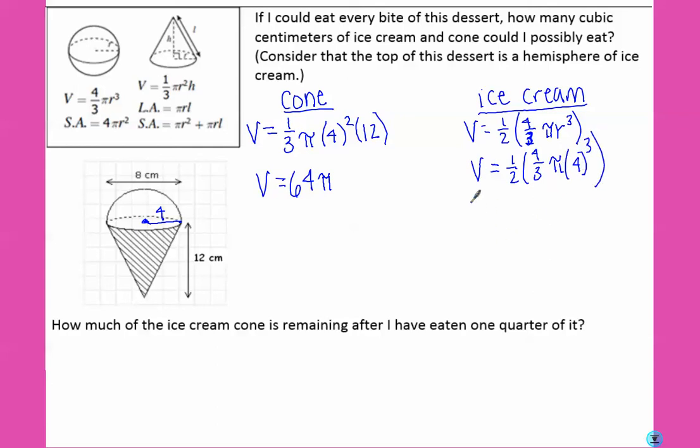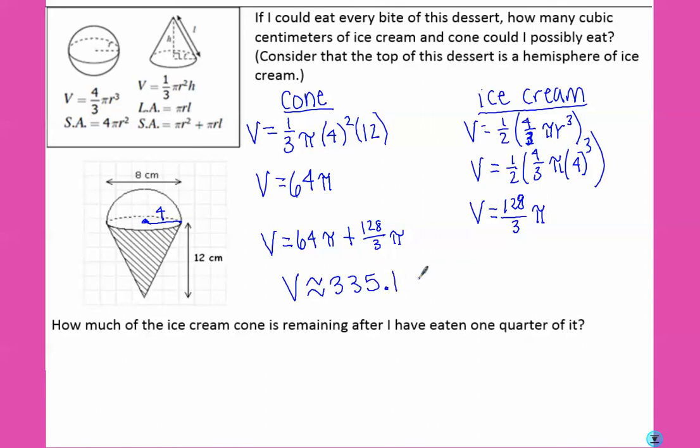Type everything but the pi in your calculator, and you would get 128 over 3 times pi. So the total volume would be 64 pi plus 128 over 3 pi. Type that all in the calculator, and we would get that the volume is approximately 335.1 centimeters cubed.